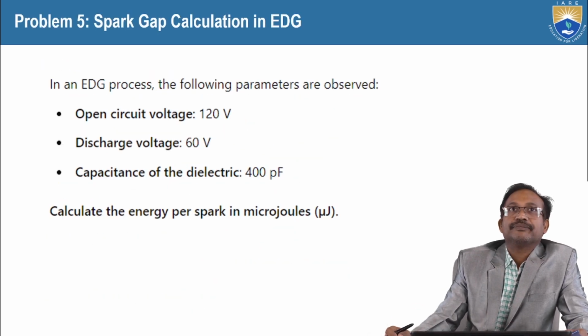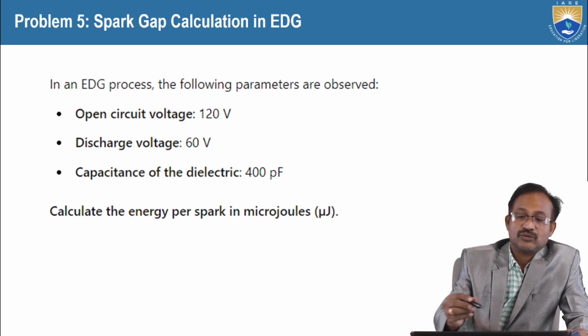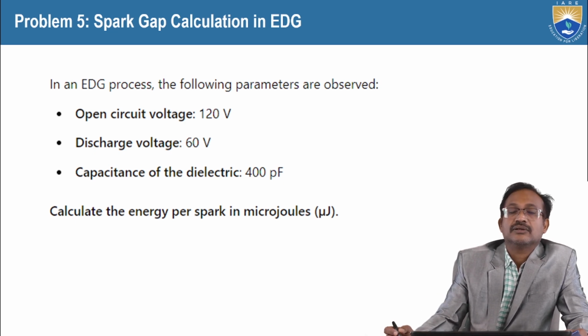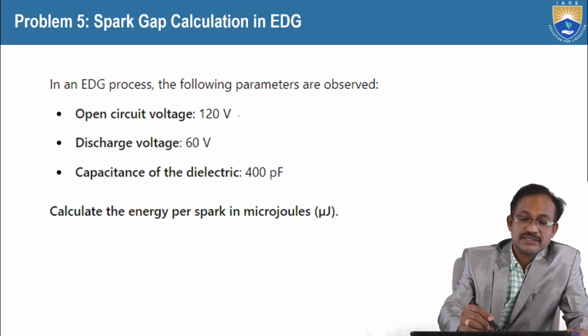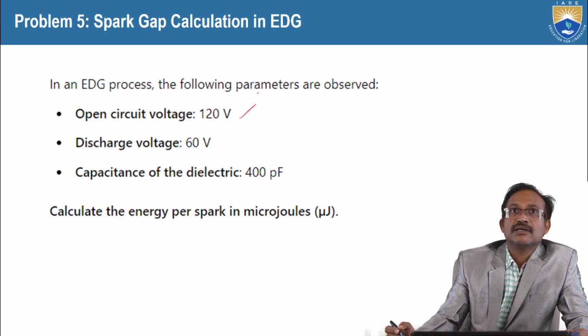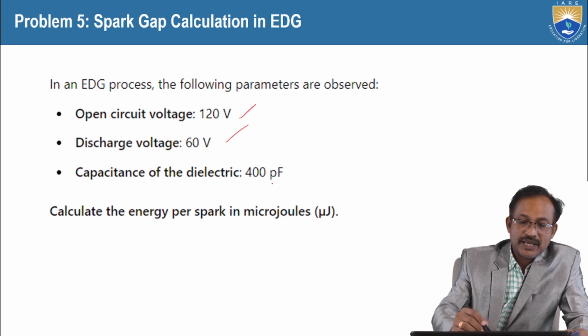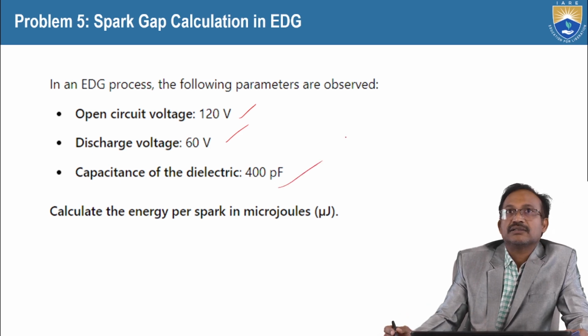Next, problem number 5. Spark gap calculation in electro discharge grinding. In an EDG process, the following parameters are observed: open circuit voltage, discharge voltage, capacitance of the dielectric 400 pF.